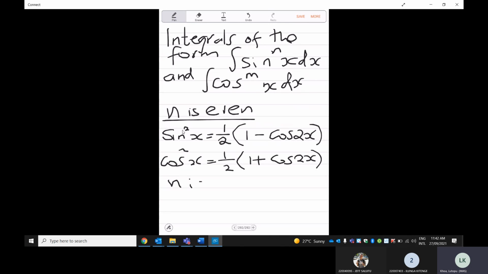Then when n is odd, we use sine squared x plus cos squared x is equal to 1. So that means you may have to rewrite your power using this identity.